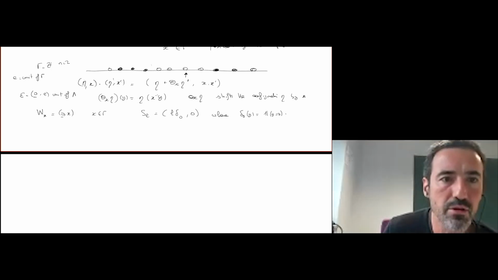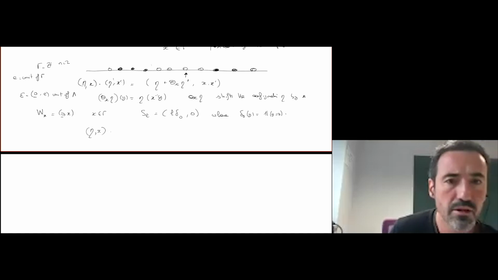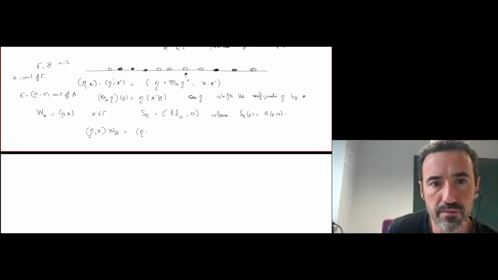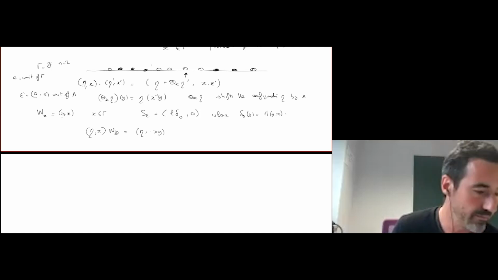So what does Wx mean? When you multiply eta x by Wy, it does not modify the configuration, but it shifts the position of the worker to y.